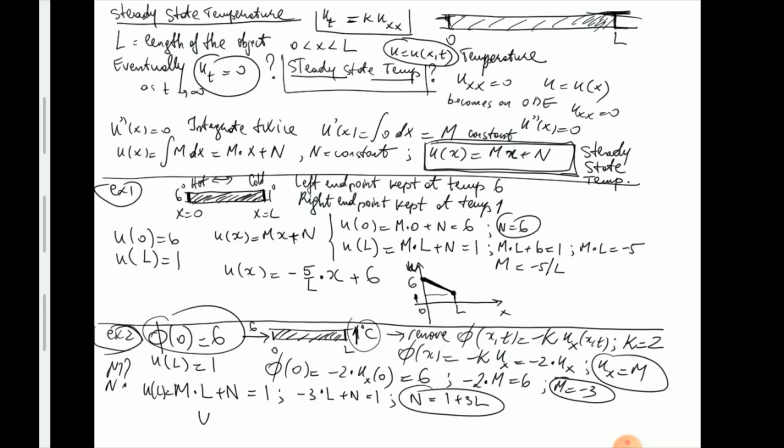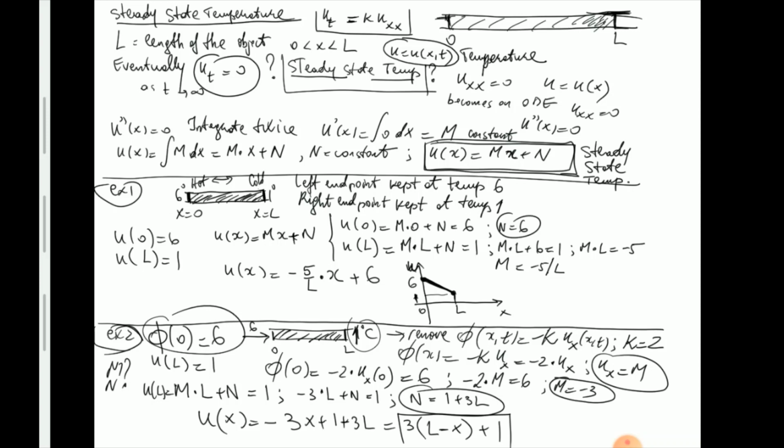So the steady state temperature now is going to be minus 3 times X plus N, which is 1 plus 3L. And I can pull out 3 just to make it easier to interpret. 3 times L minus X plus 1.